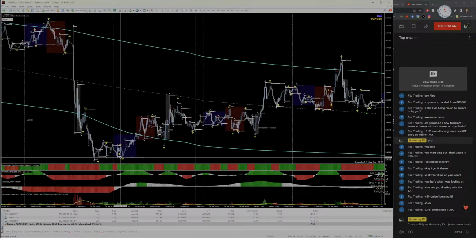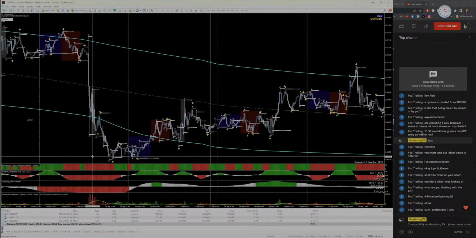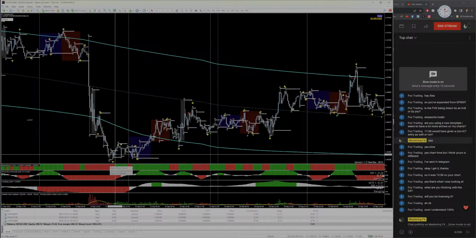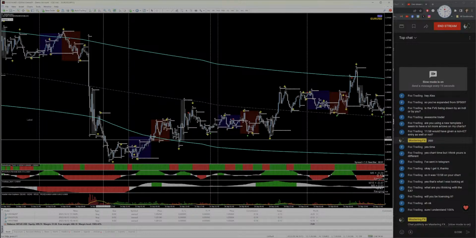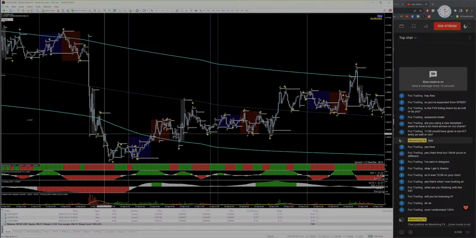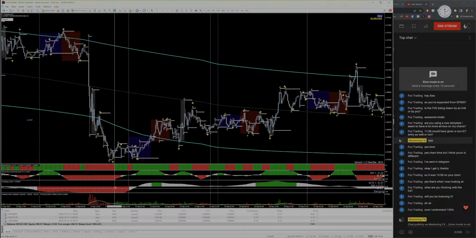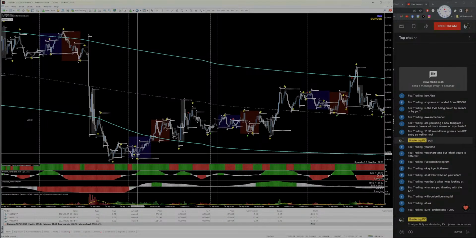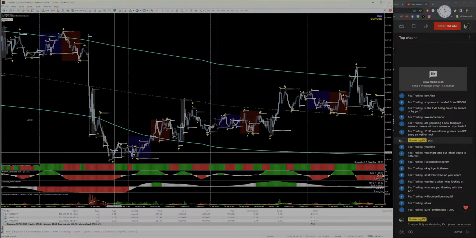That's a good example. So here, the EA would have taken an entry here, possibly even here. But now it actually takes those into consideration with the update and would have taken the first entry here or here. So that would have actually let the trade run here.